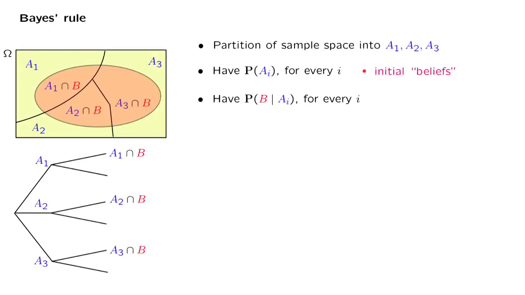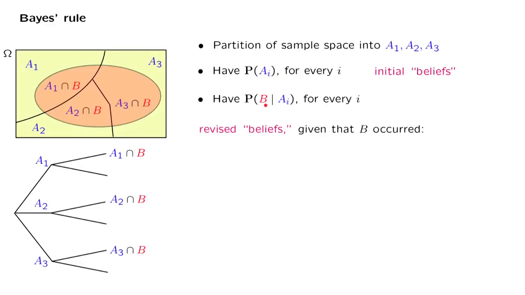They capture how likely we believe each scenario to be. Now, under each scenario, we also have the probability that an event of interest, event B, will occur.